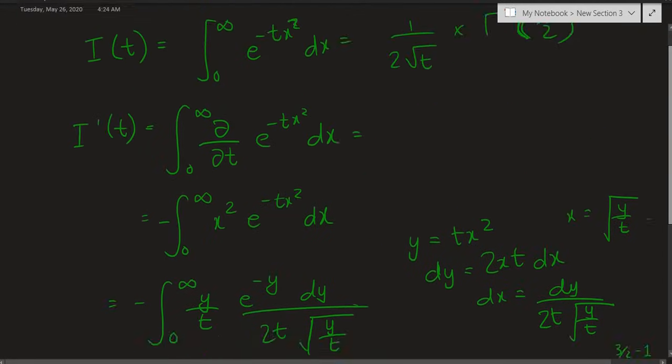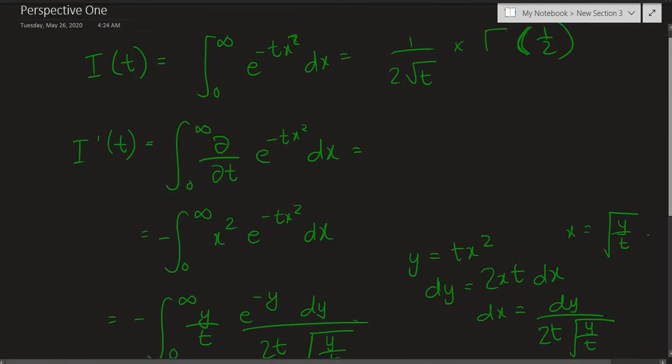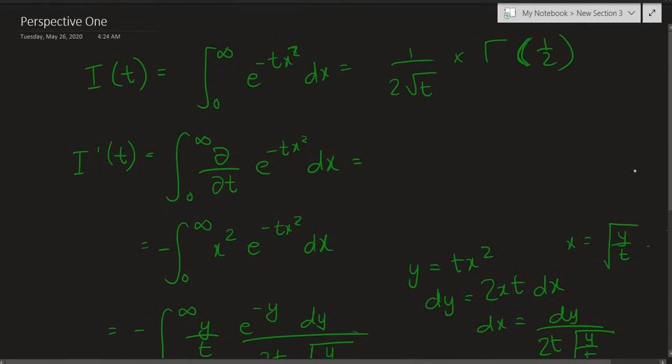So nice, we obtained another version, in terms of the gamma function, for I prime of t also.